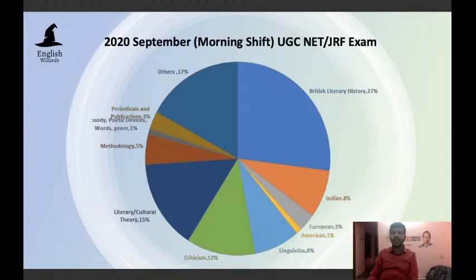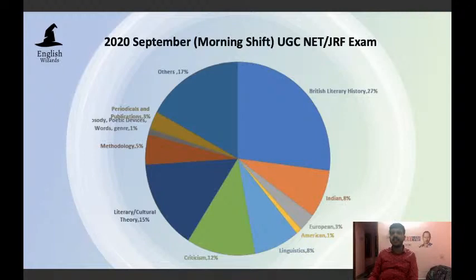The same goes for every theory, be it Marxism, feminism, eco-criticism, whatever. One slide of information and you will be able to answer all the questions. So cultural theory and literary theory is a small area that will give you around 15 marks, which is very important because these 15 marks could determine whether you get in or stay outside.